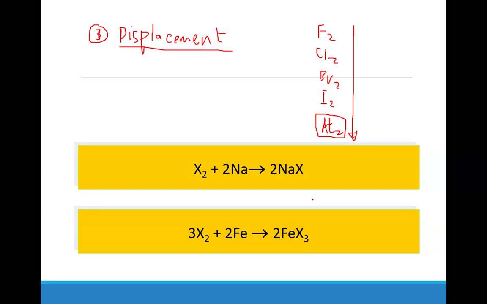They increase. Yes, they increase, right? So what happens with the positive charge down the group? Increases. Yes. So the attractive force on the electrons, will it decrease or increase? Increase. Right?